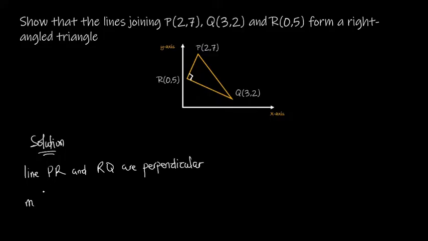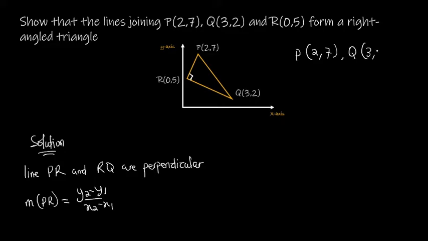So the gradient of line PR will be equal to y2 minus y1 on x2 minus x1. As usual, I'm going to write my points P (2, 7), my Q (3, 2). So I have PR. So this is P, then write R over here. So R is (0, 5).